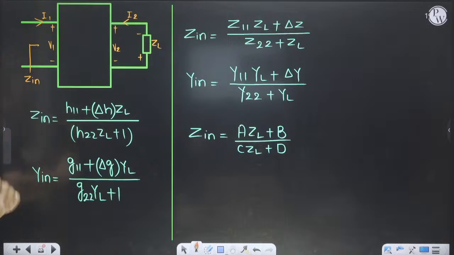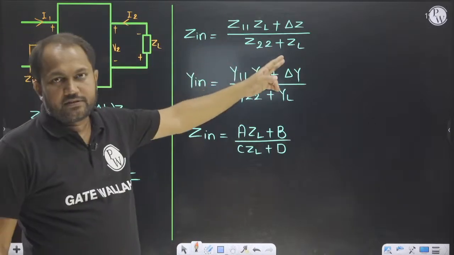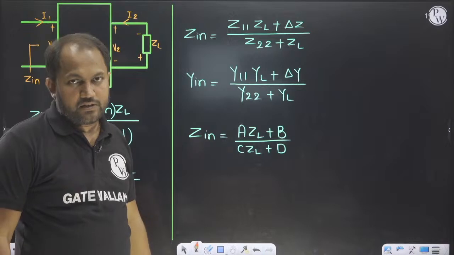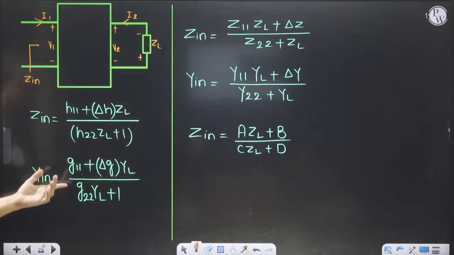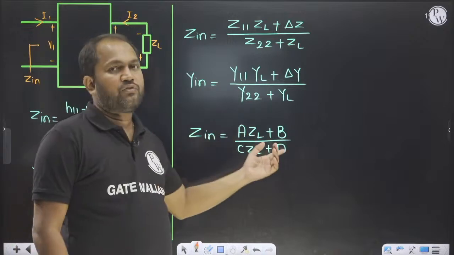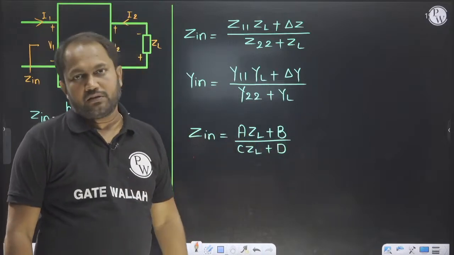Then we have studied in the previous classes: in the first class the Z-in formula in terms of Z, in the second lecture we derived the Y formula, in the third lecture the H formula, and in the fourth lecture the ABCD formula.